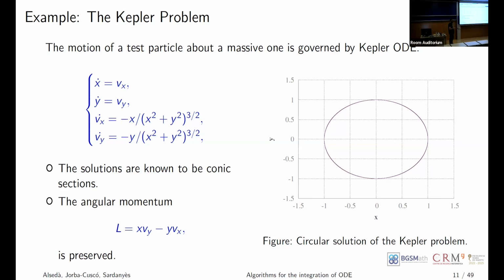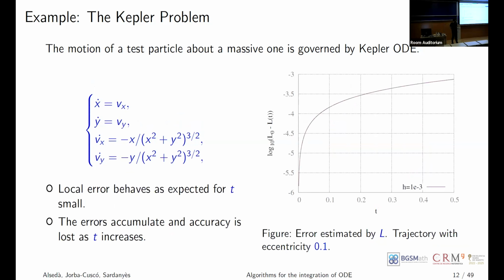I'm going to solve this problem with an Euler method, and then look for the conservation of angular momentum. And I have a figure which is rather similar to the one I showed before. Here I'm putting the time, and notice that the time is half a unit of time.